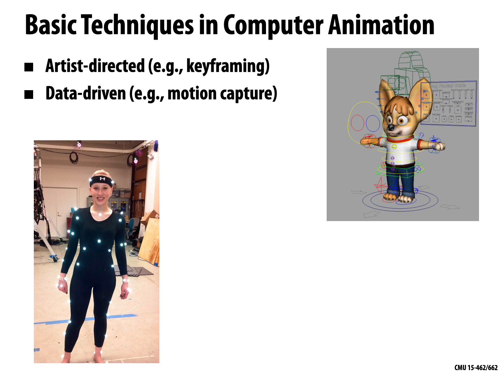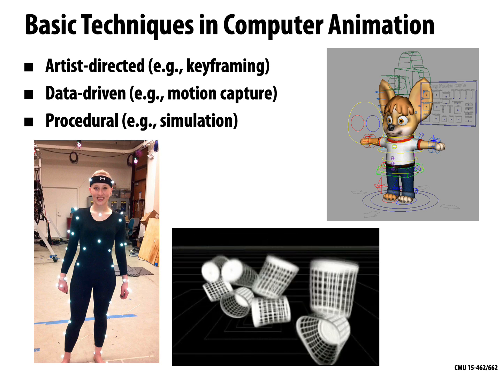So you take pictures of the person wearing this funny suit from various angles, and by triangulating these points, you can figure out how the person is configured, where they're moving their arms and legs at any given time. You record this over time, and you get an animation, or at least a record of how the joints in the body move. Then you can take this data and map it onto a character, something like this rig that we see in the upper right. Very different from keyframing, really letting an actor drive the animation.